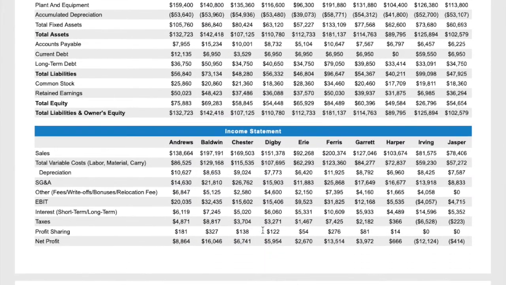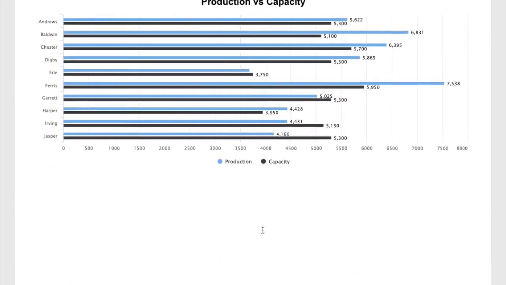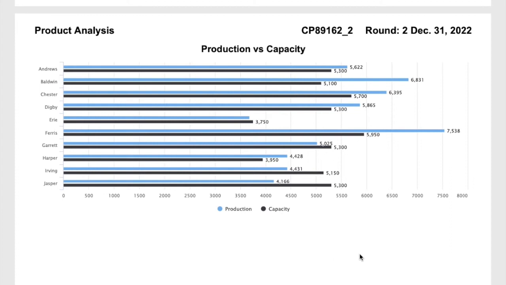Okay, so we come to product analysis. We can see that you have done a pretty good job having production and capacity pair with each other, and we can see a couple of teams like Team Baldwin, Chester, and Ferris have produced more on top of their capacity.